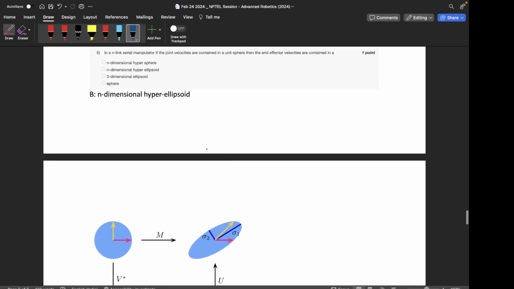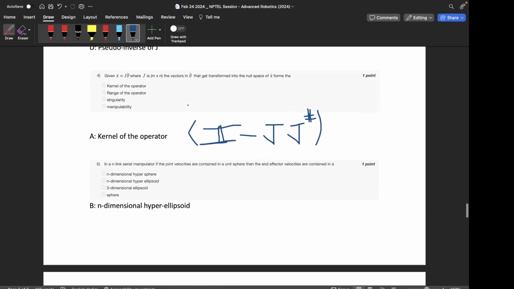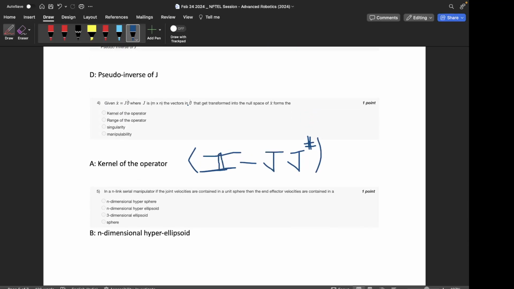Karthik, it depends on the dimensions, basically, whether J has full row rank or full column rank, and that depends on whether J is a flat matrix or a tall matrix.